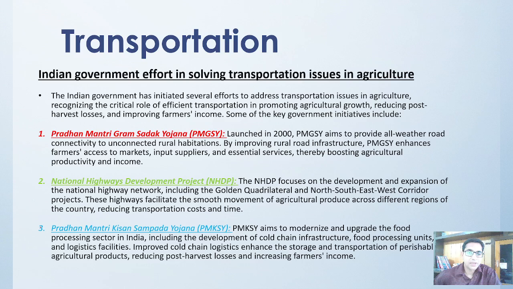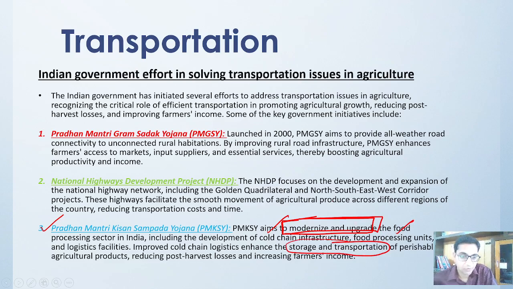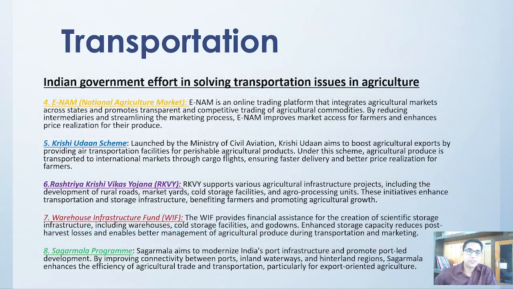Then the Pradhan Mantri Kisan Sampada Yojana is there. It is focusing on modernizing agriculture infrastructure, whether it is cold storage or food processing, and all of these will be helpful for the transportation network. Then we have the Electronic National Agriculture Market.